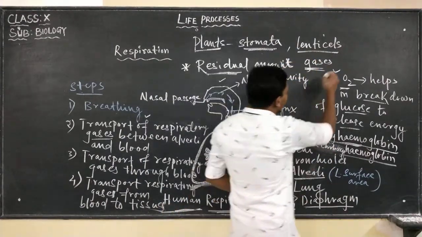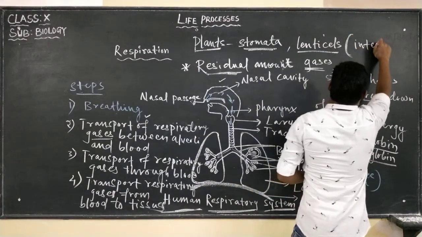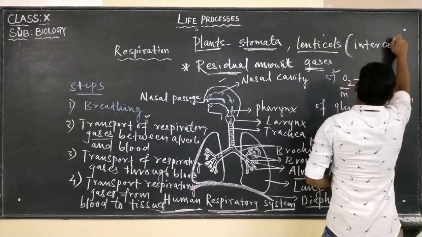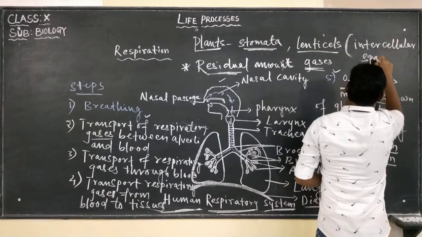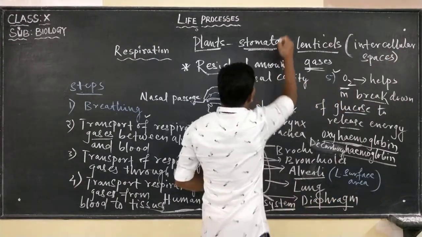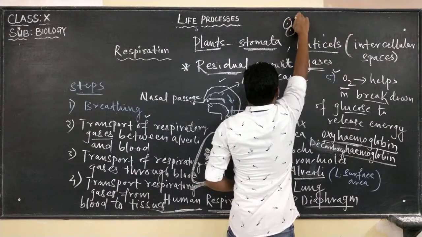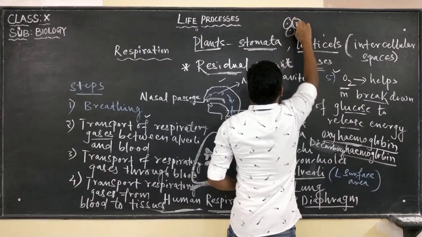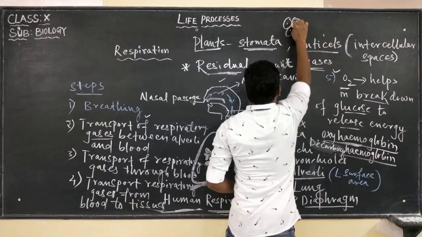And we know that in plants there are more intercellular spaces. That means what? This is one cell, and this is one cell. Here we find the intercellular space.